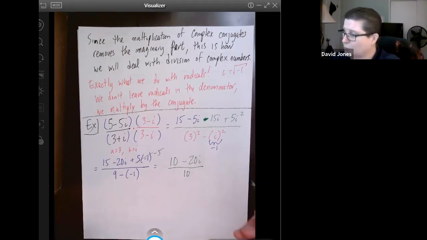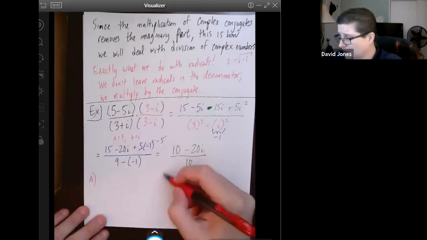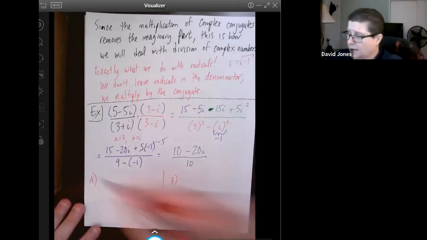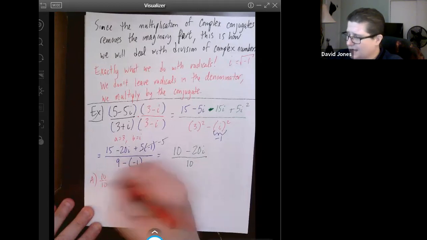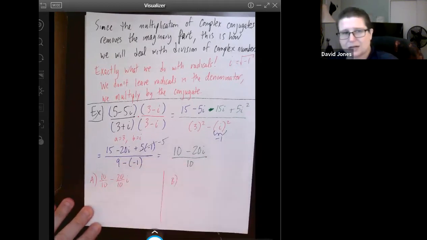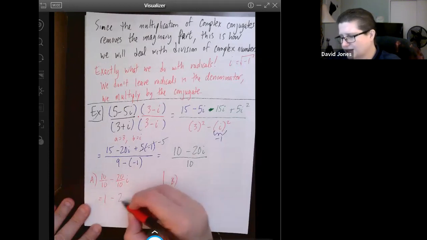This is just two approaches here. Option A, I'll show both ways in case you like one way over the other. I can turn that into 10 over 10 minus 20 over 10i by splitting up fractions. 10 divided by 10 is just 1 though, and 20 divided by 10 is 2.